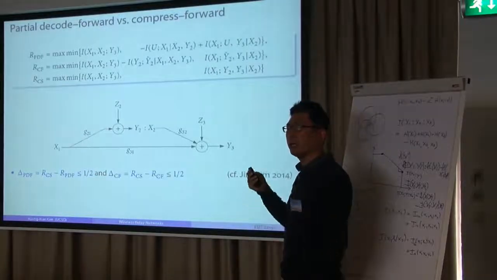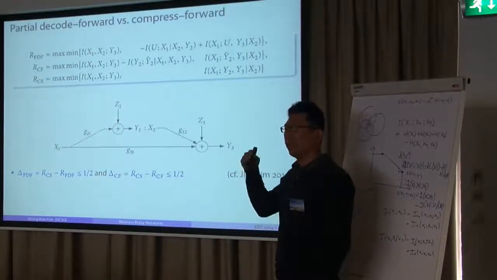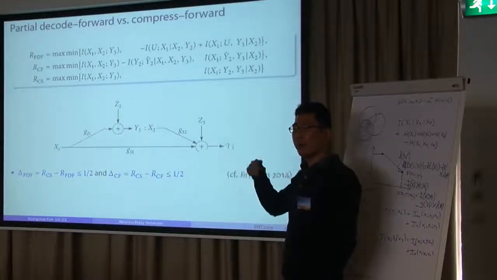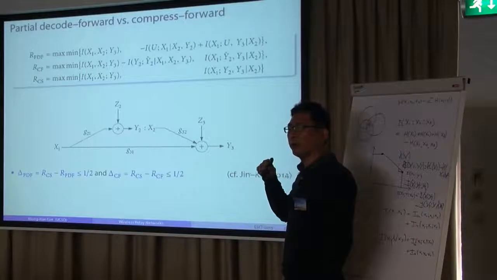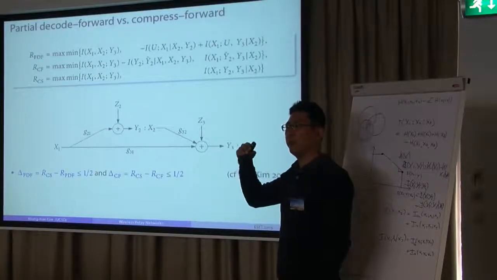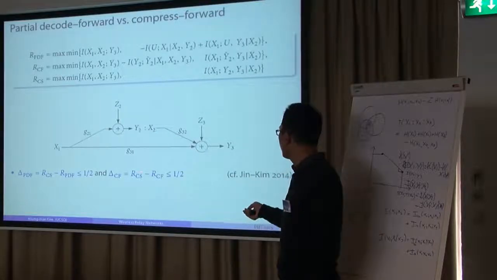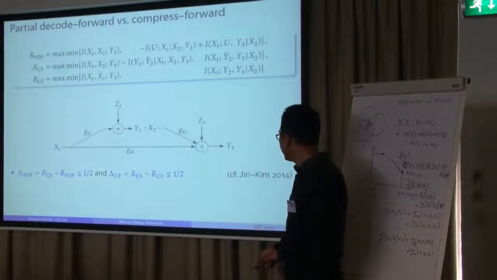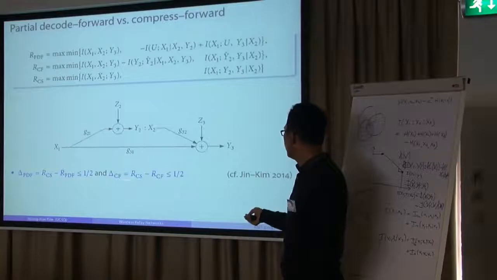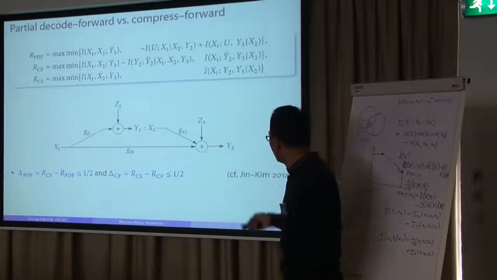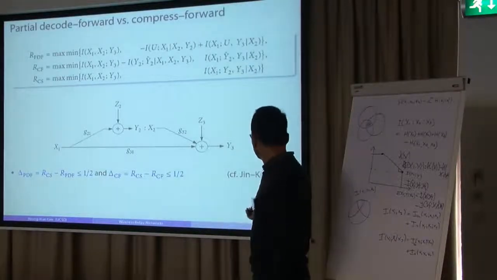So that means that partial decode forward can achieve within 1/2 bit from the capacity, even from the cut-set bound. So the cut-set bound is tight within 1/2, partial decode forward is tight within 1/2, and we can conclude the same thing for compress forward. And this result has been known for a while, and you can see the MIMO extension of the result in a paper written by Jin and Kim.